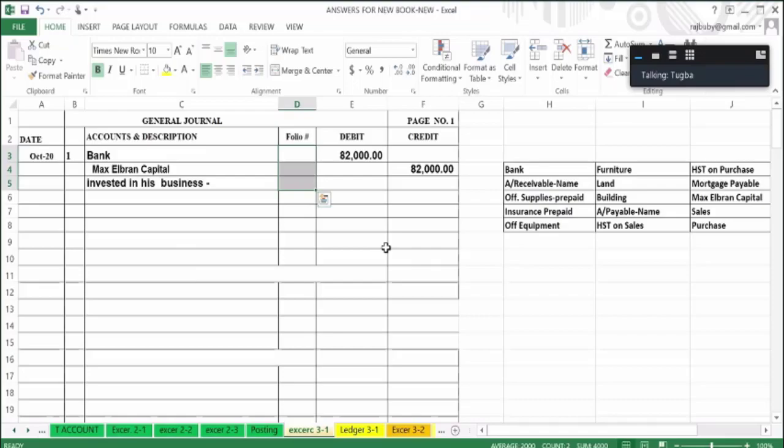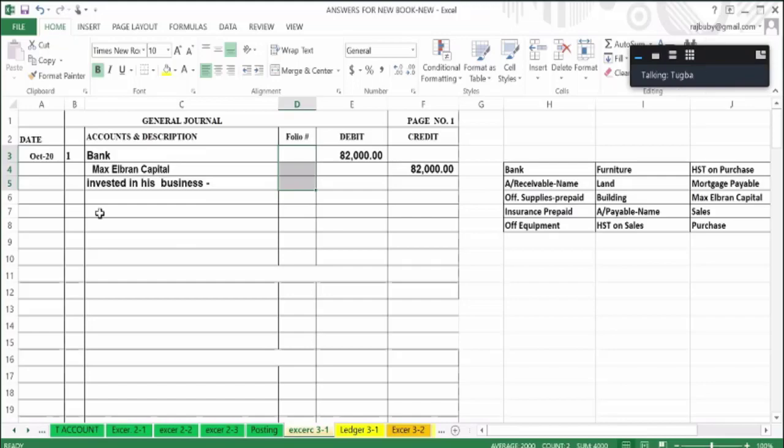Value of building $55,000. Issued check 101 for the down payment. Firstly, we should write the land and building. It is 60,000, right? Yeah, it is 60,000.